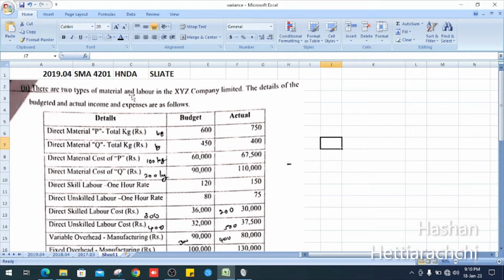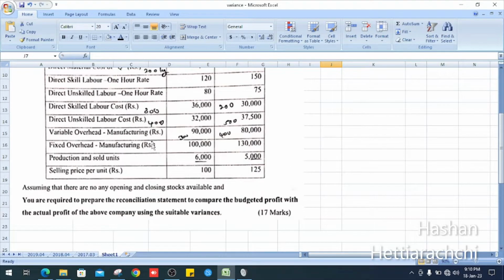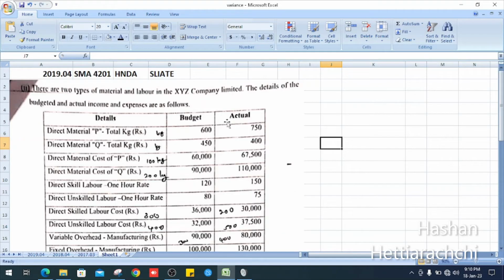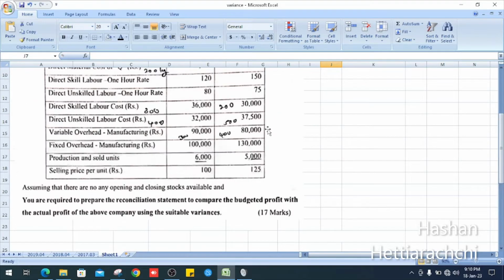There are two types of material and labor in the XYZ company limited. The details of the budgeted and actual income and expenses are as follows. They give direct material cost, direct skilled labor, unskilled labor, variable overhead, manufacturing fixed overhead, production and sold units, and selling price per unit for budgeted and actual.